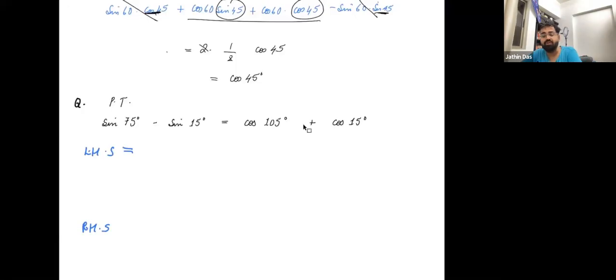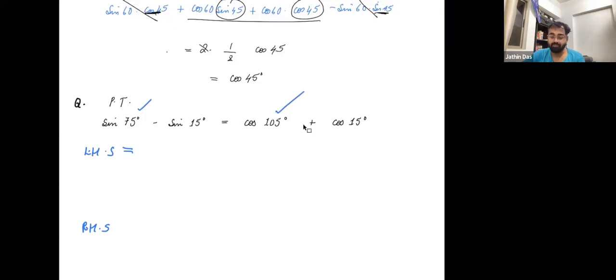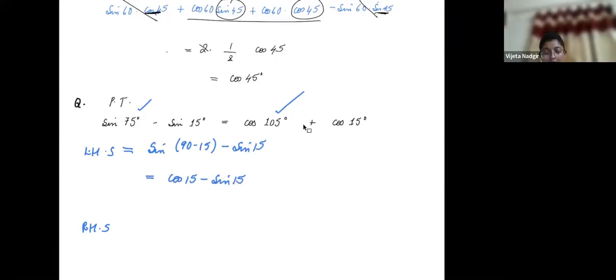Left hand side, what will you change? Sine 75. Correct. And here cos 105. Good. Got it. Good.